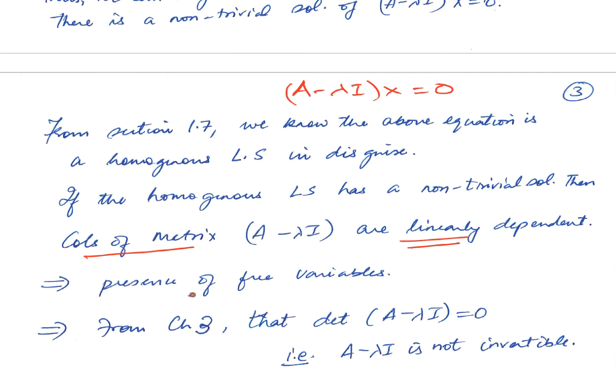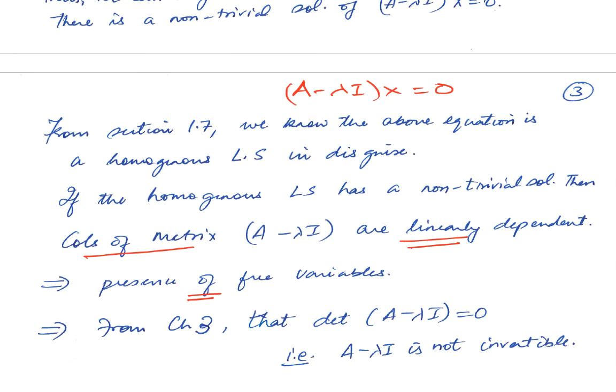Now, what did chapter 3 on determinants say? That if you have a matrix with linearly dependent columns, then the determinant of that matrix is 0, which basically implies by the IMT that A minus lambda I is not invertible. IMT is the invertible matrix theorem, guys, keep in mind.